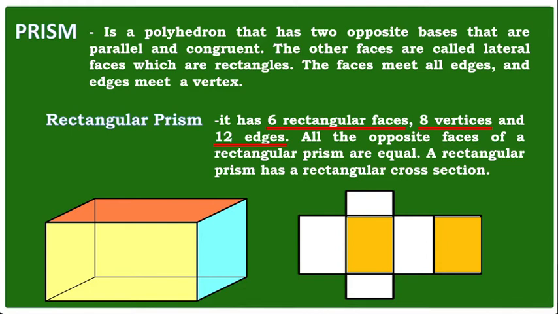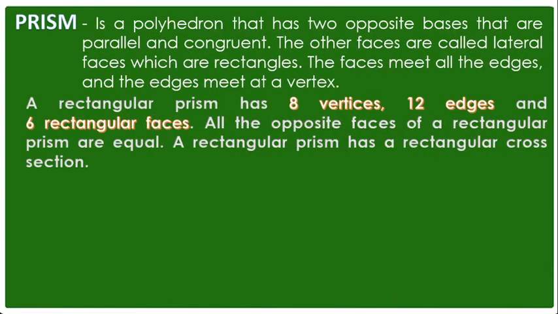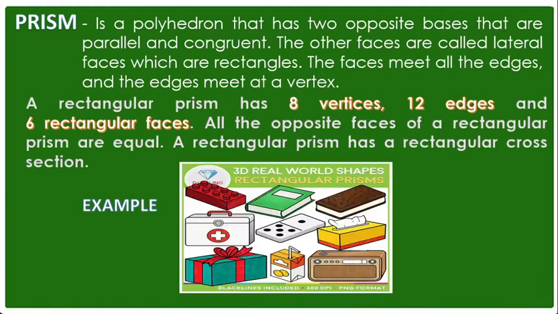These are the sides of the solid figure. If we count the number of rectangles represented in the net, there are 6 rectangular faces, and each face is congruent and parallel to its opposite. Here are some concrete objects that we can see in our surroundings that resemble the rectangular prism.